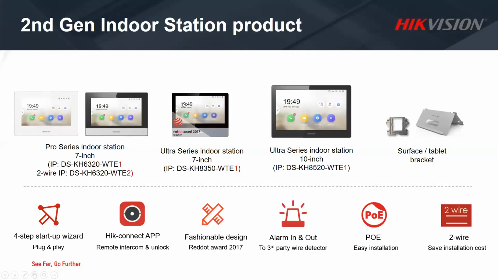Also the screen that we use on the award-winning one is much better than the other 2. If you really see these 2 different indoor stations in front of you, you can clearly see the difference in how good the display is.